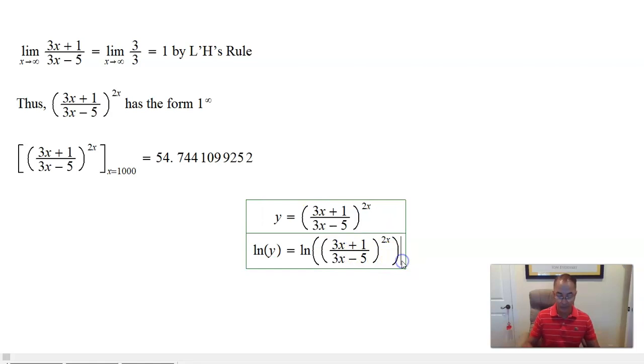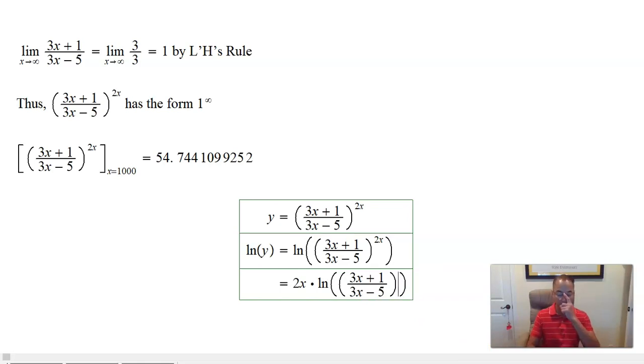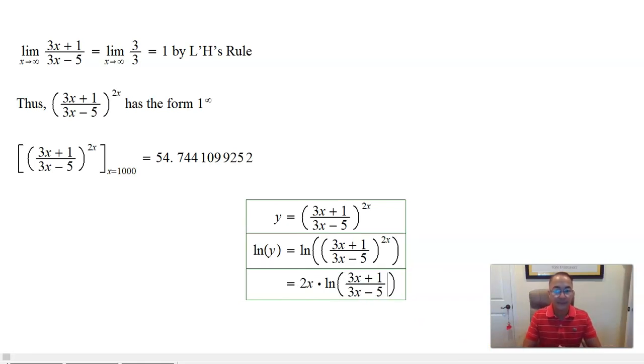From properties of logarithms, we can drop the 2x, and then it becomes 2x times ln of (3x plus 1) over (3x minus 5). So the 2x has dropped out, and this is now a product form.